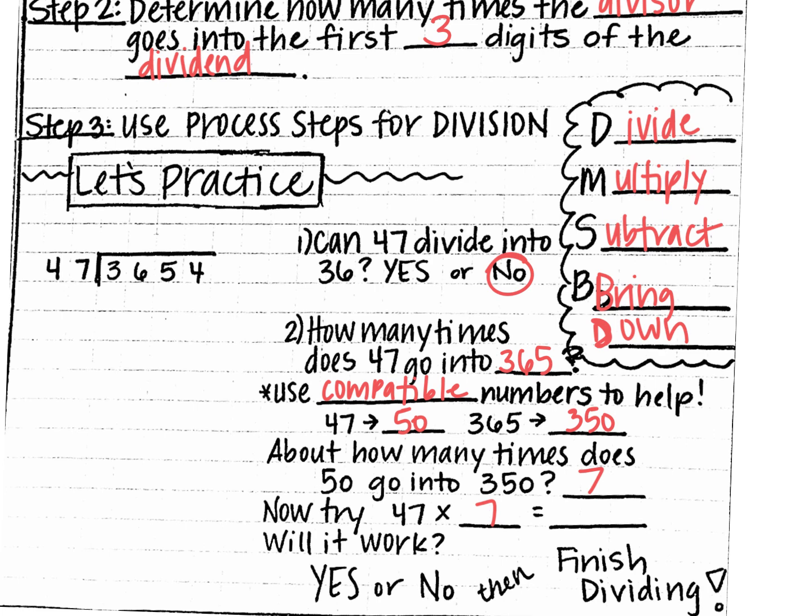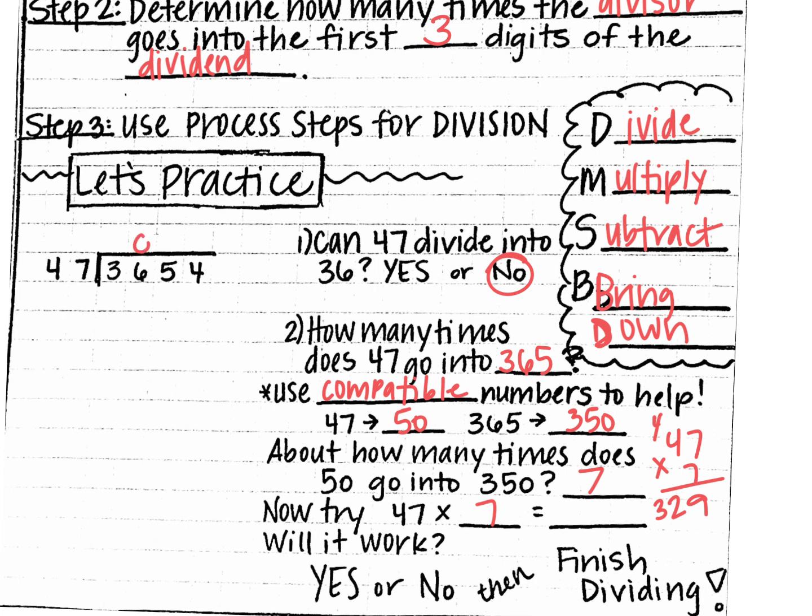Now I'm going to actually multiply 47. I'm going to do 47 times 7 and see what I get. And I got 329. Will that work? Yes, it will. If I added 47 to 329, that's going to be too much.